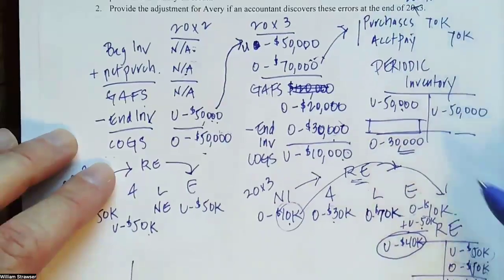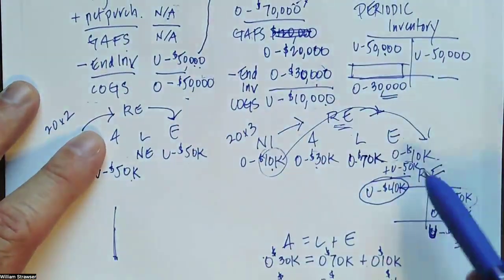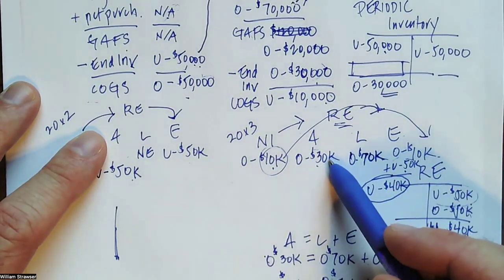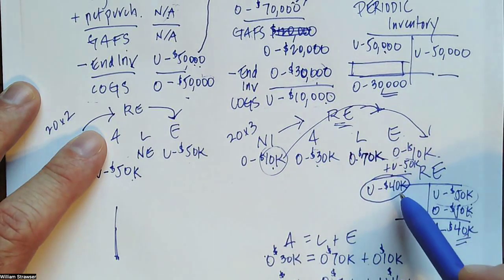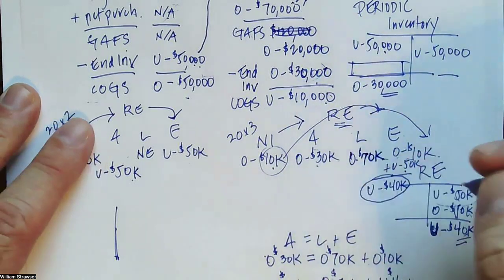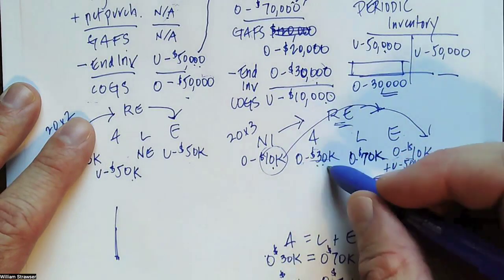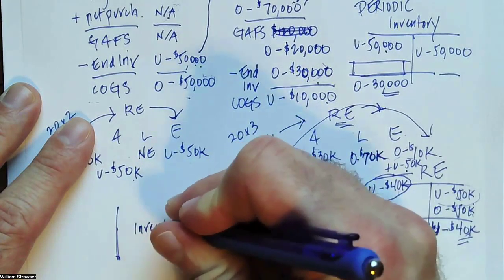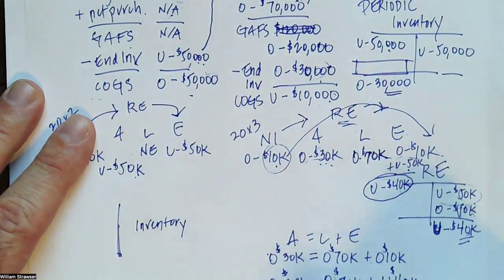So let's just say 20x4. And what is our problem at the end of 20x4? Well, we have assets that are overstated, we have liabilities that are overstated, and we have equity that is now currently understated. So in order to get the assets appropriate, if they're overstated, we're going to have to credit them by that amount to reduce it. And the asset we're talking about is the inventory account.